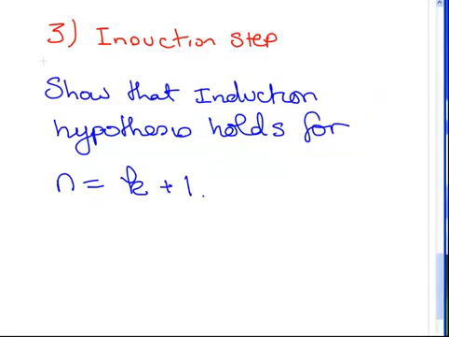Now, the next step is the induction step. This is the one where we actually show the calculations. So, show that the induction hypothesis holds for the case where n equals k plus 1. Previously we had the case where n equals k and just stated the induction hypothesis. Now we have to show it for k plus 1. This is where a bit of maths comes in, a bit of guile.